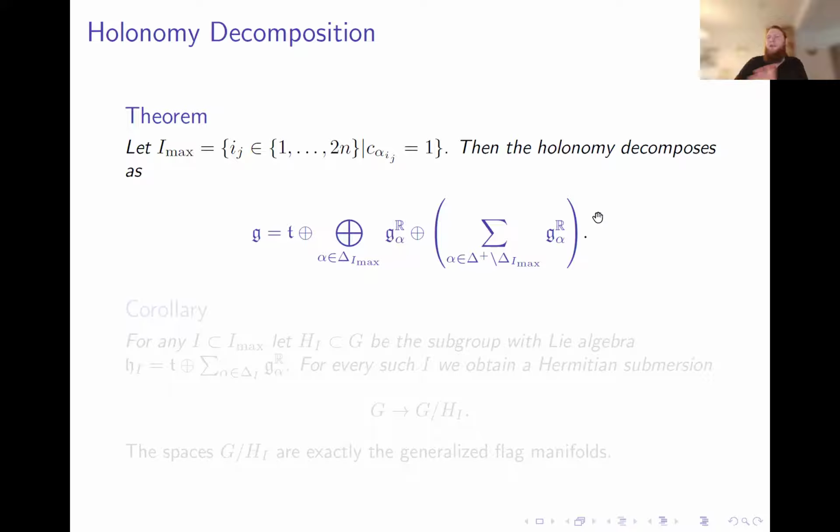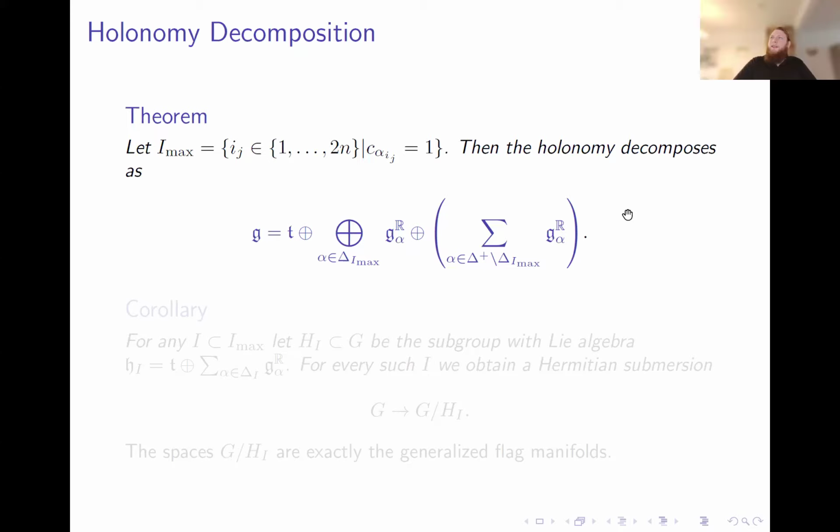The rest are just grouped into one component. So we have a trivial representation, two-dimensional representations, and the rest. Okay, so we have a splitting holonomy.